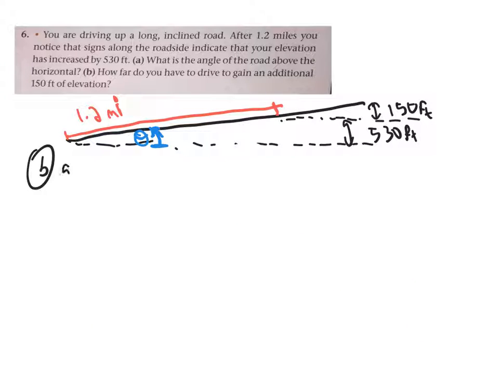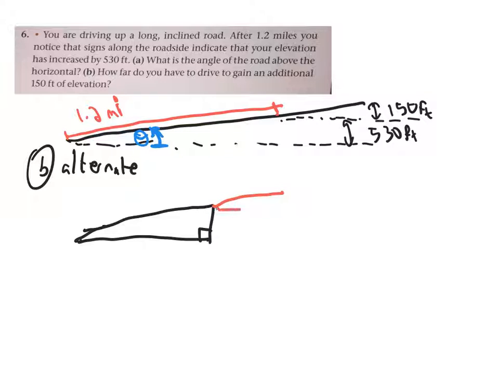An alternate way to do B is to recognize that we have two right triangles, and that they are similar because they share a right angle, and they share the other angle we had. In other words, they're both theta here. So this distance, 1.2 miles, is to S as this distance, 530 feet, is to the new height, 150 feet.